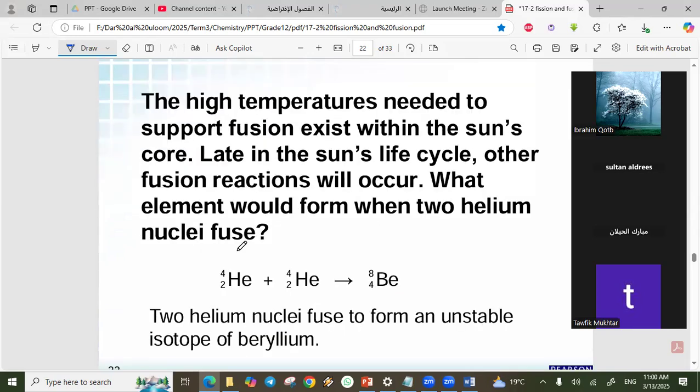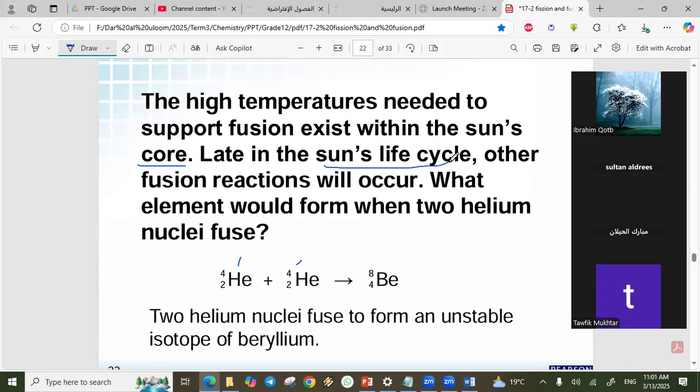Here, guys, as we said, to make fusion, we need two smaller nuclei or two smaller atoms to give you heavier atoms. The high temperature needed to support fusion exists within the sun core.